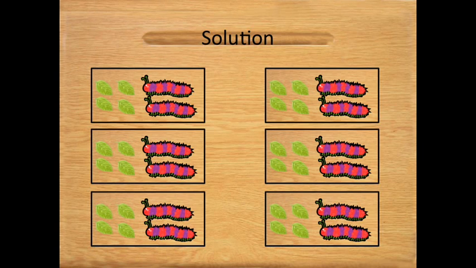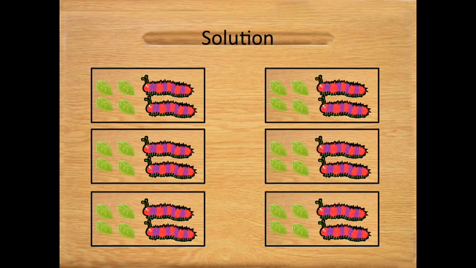Okay, if we look at the solution here, we can see that if it was mapped out, we have one group which has 4 to 2, the second group, which again is 4 to 2, the third group is 4 to 2.